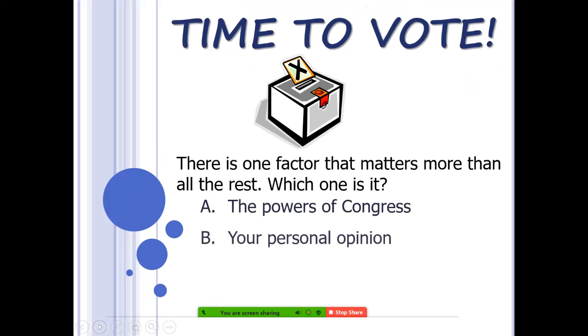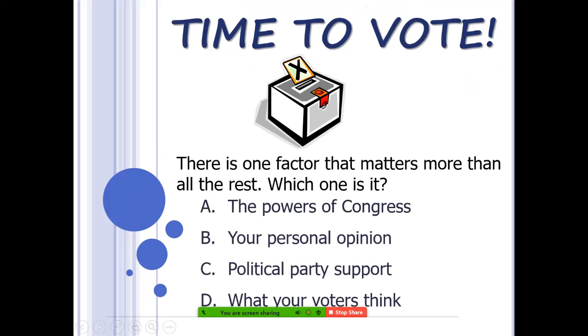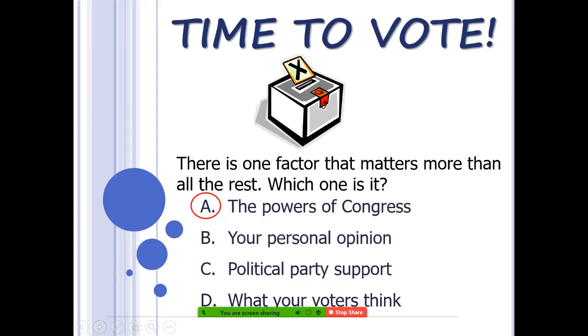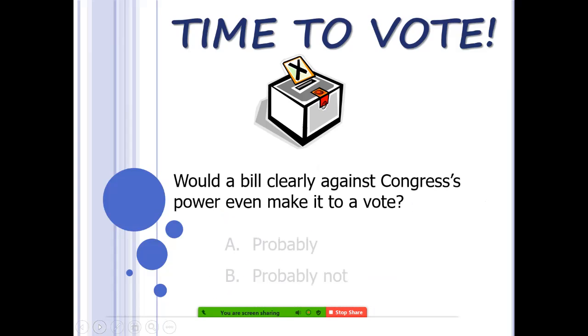There's one factor that matters more than others. What is it? The powers of Congress, your personal opinion, political party support, or what voters think? Yeah, the answer better be no on this. Would a bill clearly against Congress's power even make it to a vote?